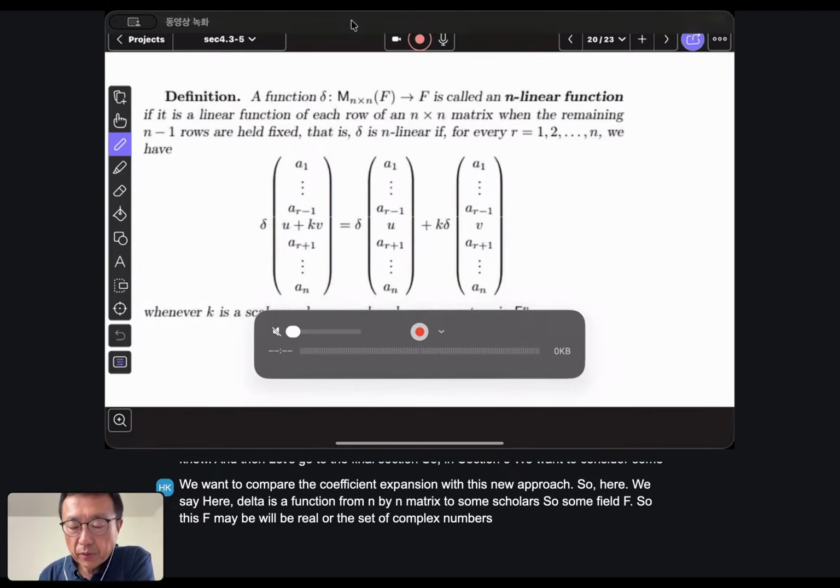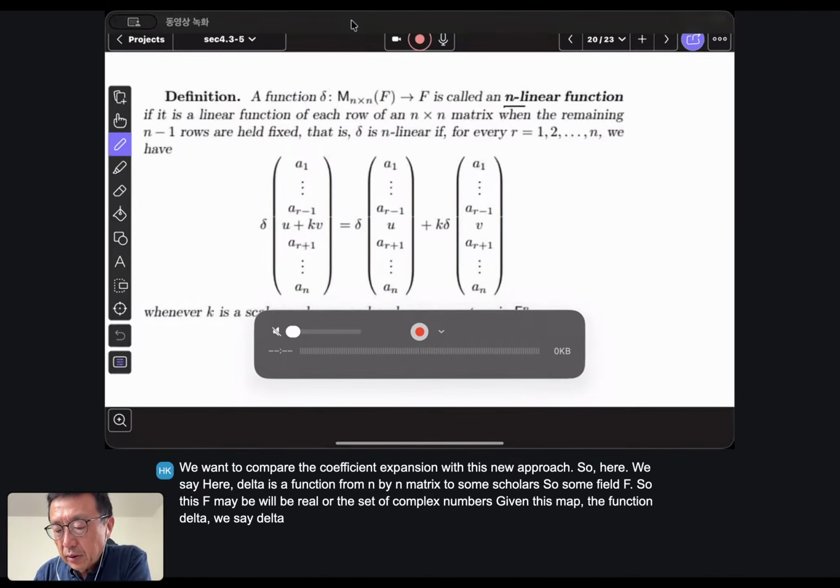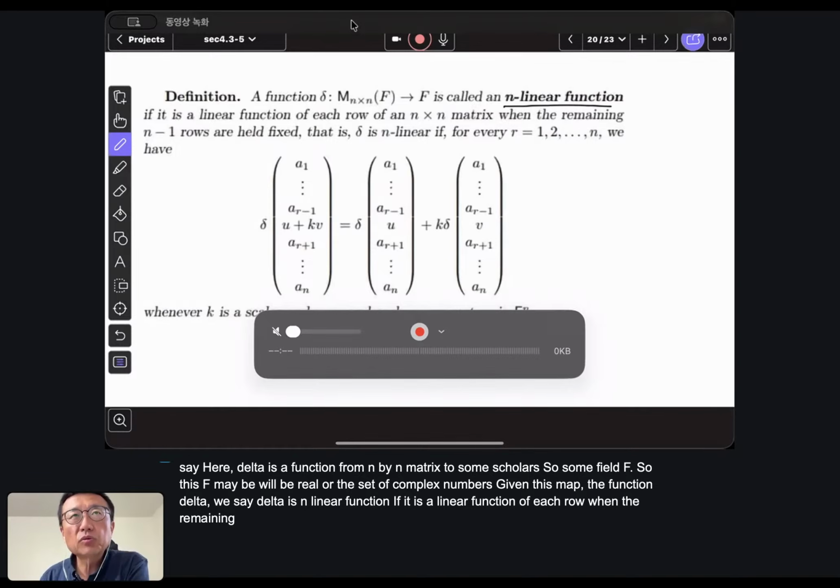Given this map, the function delta, we say delta is an n-linear function if it is a linear function of each row when the remaining n minus 1 rows are held fixed. That is the property we already observed.